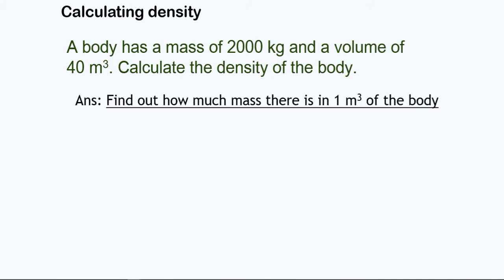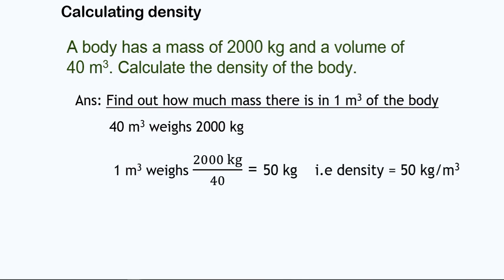So if we find out how much mass there is in 1 meter cube of the body, we would find the density. So 40 meter cube of the body weighs 2000 kilograms. So 1 meter cube weighs 2000 kilograms divided by 40, which is 50 kilograms. Hence, the density of the body is 50 kilograms per meter cube.